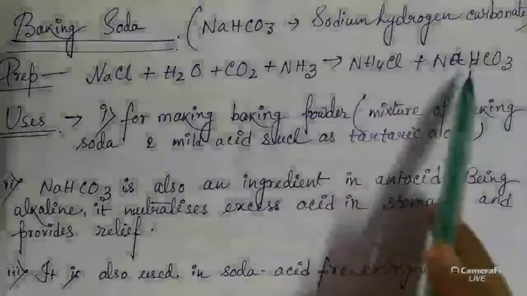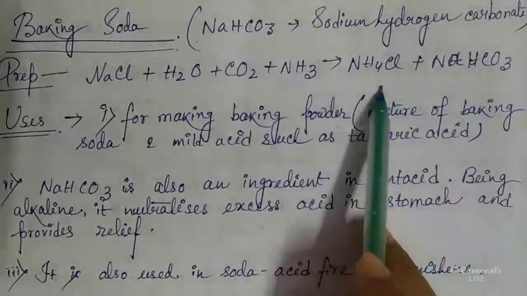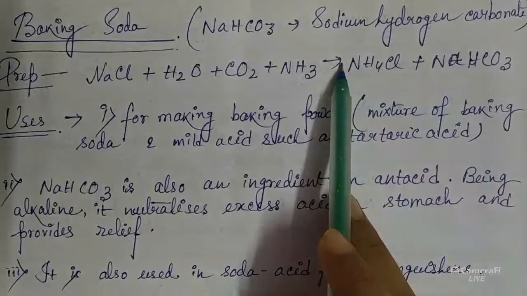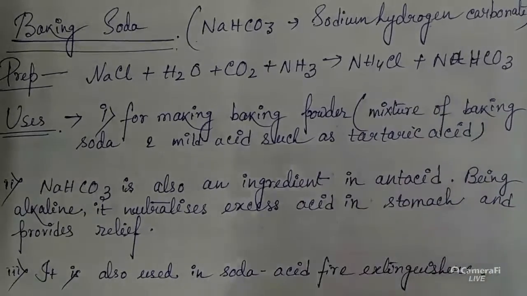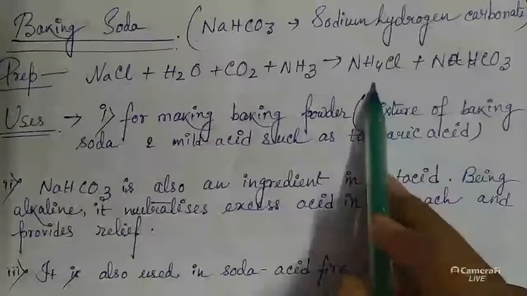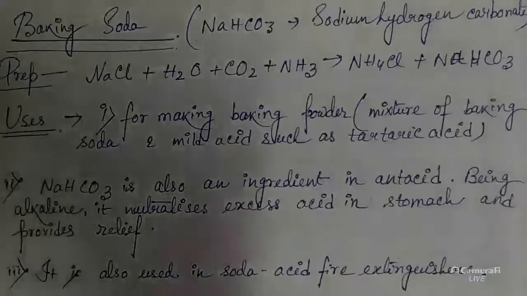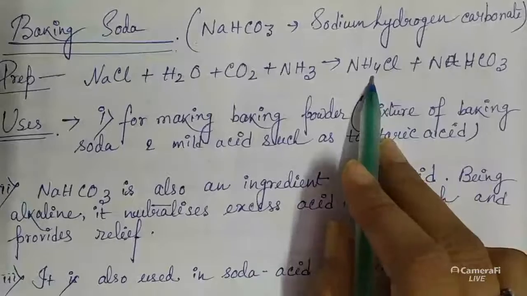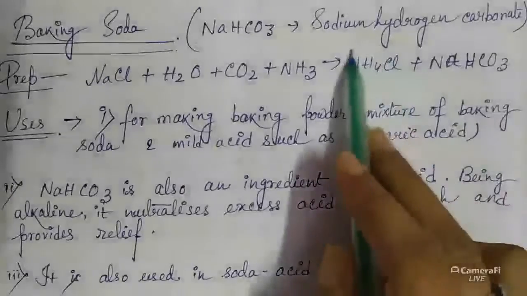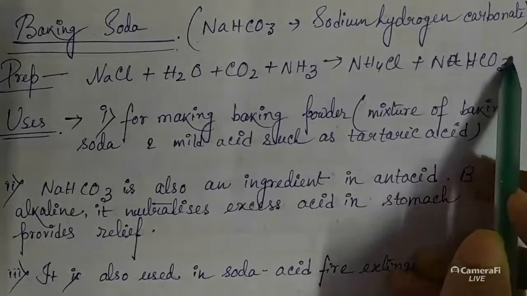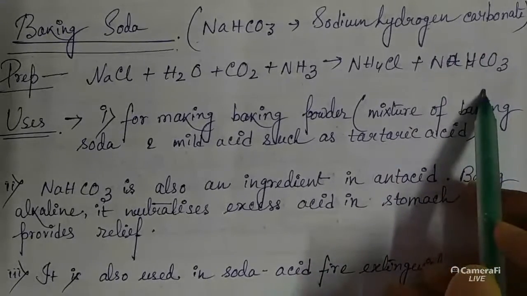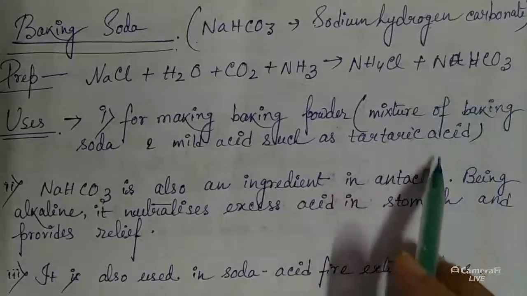So how can we separate it? Already you know ammonium chloride is sublime in nature. It can go through sublimation. So if you give some amount of heat to this mixture, ammonium chloride will be vaporized and sodium hydrogen carbonate will not be vaporized because it has no sublimation property.